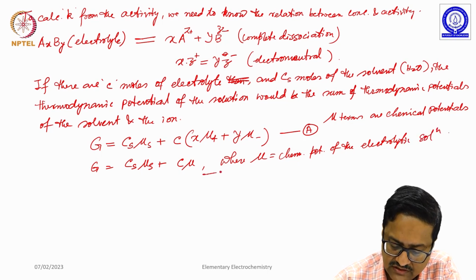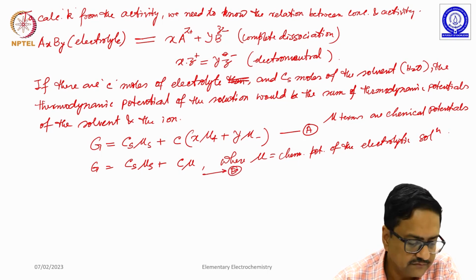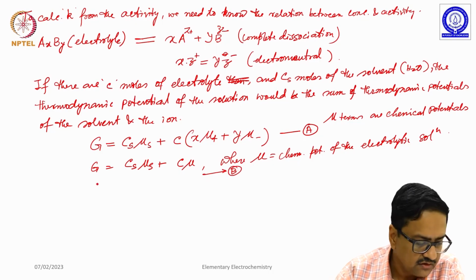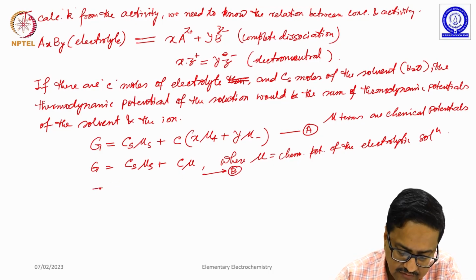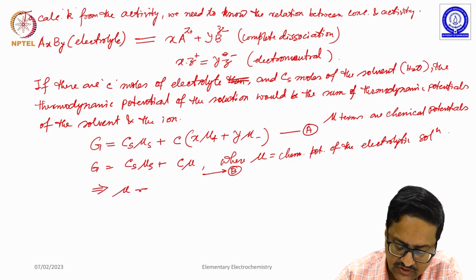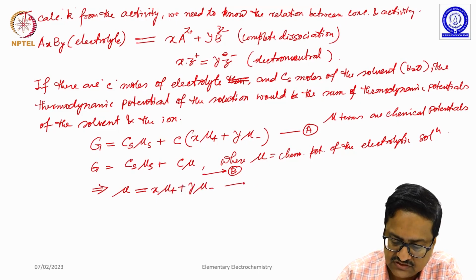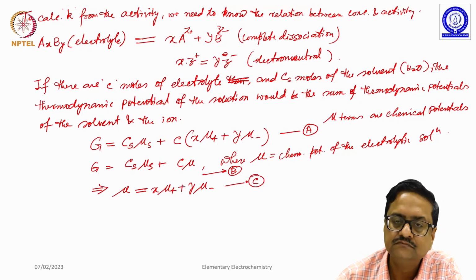This equation we write as equation B, and this mu is equal to x mu plus plus y mu minus, which is equation C.